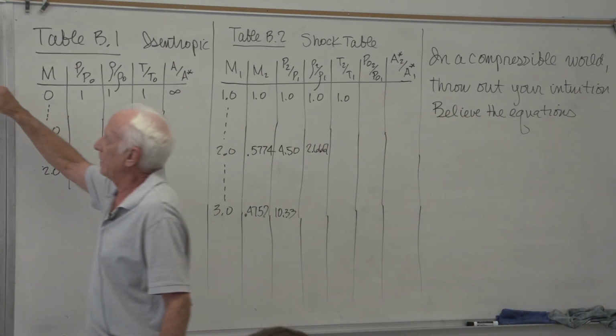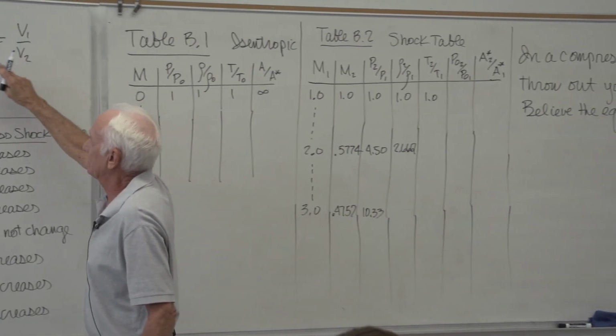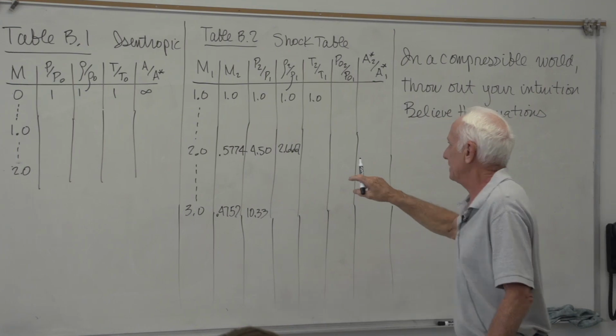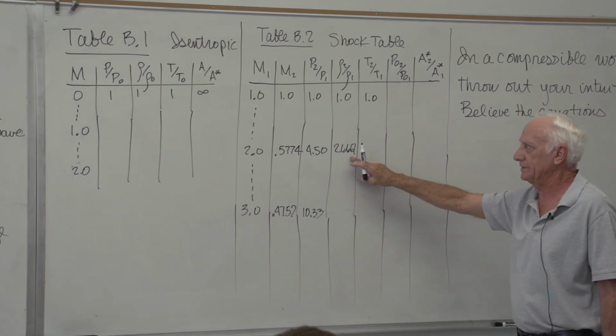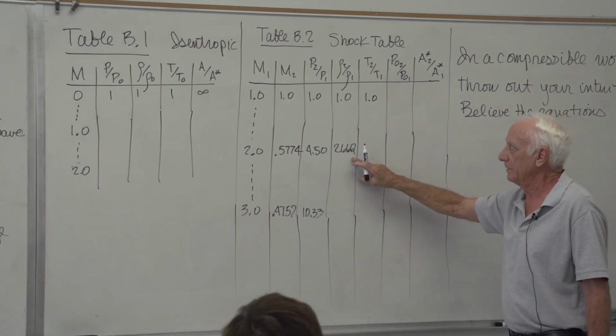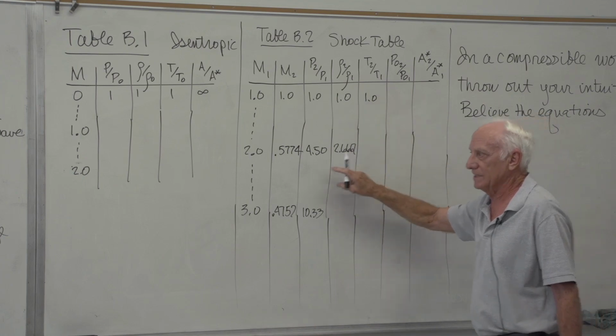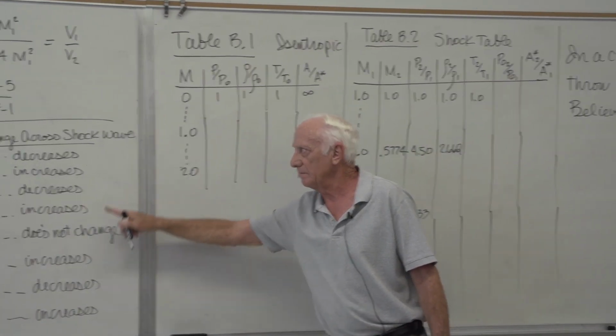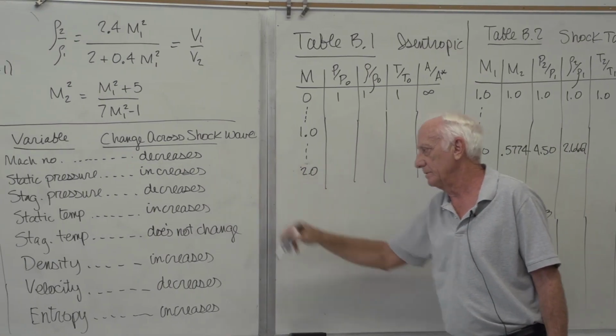How about the velocity? It's just the reciprocal of the density. So the change in velocity is 1 divided by 2.6667. What if the density went up? What's the velocity do? Here it is. It goes down. What's the Mach number do? It goes down.